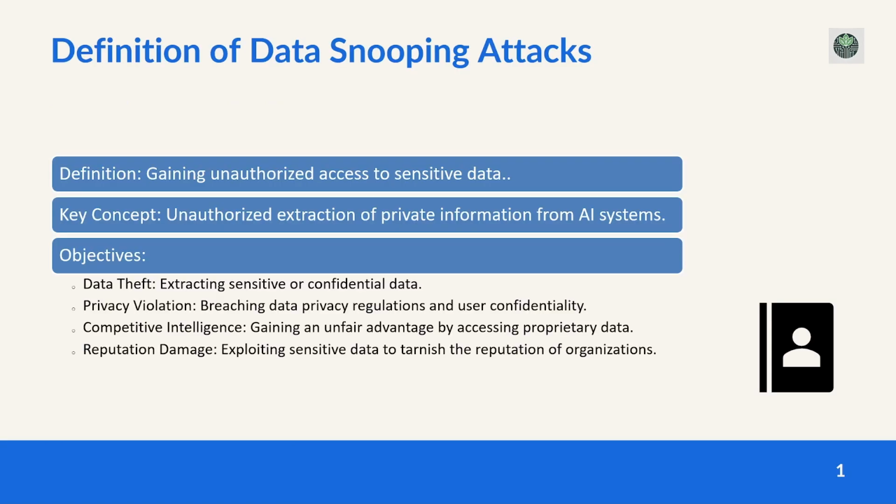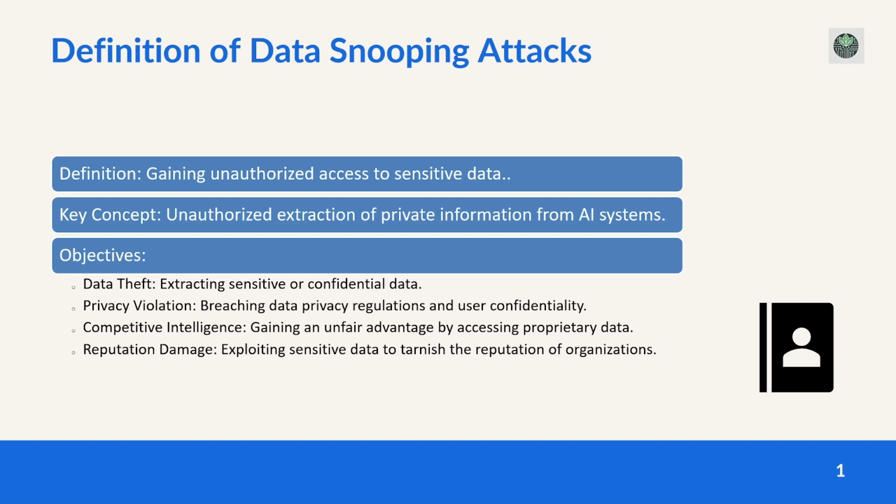So, what are data snooping attacks? Data snooping attacks are all about unauthorized access to sensitive information. These attacks occur when an attacker exploits AI systems to extract private data that should have remained secure. The key idea here is that the data isn't just accessed, it's taken without permission from the system or storage.